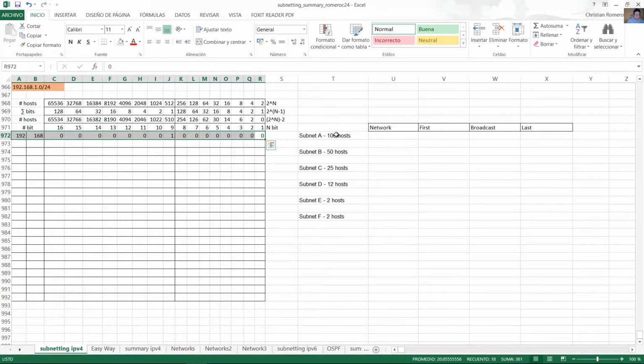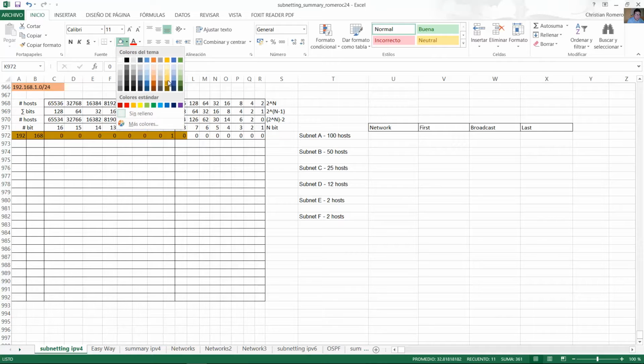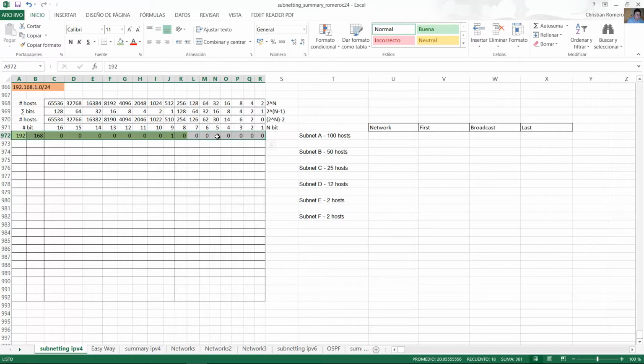Okay, and the requirement is 100 hosts. This. Okay, so the subnet mask will be this. And this is the network address and the subnet mask.